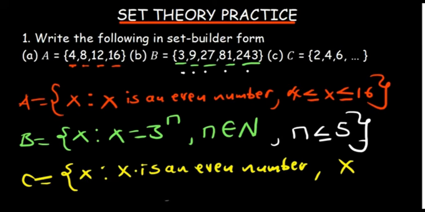We can just say it's general, because if you look at 2, it's like the minimum there. So x is such that x is an even number. The minimum that we have as our even number, of course, is 2. Even if you leave it without putting the range, it will still be correct, because we are starting from a minimum even number and going up, meaning we are not restricted.